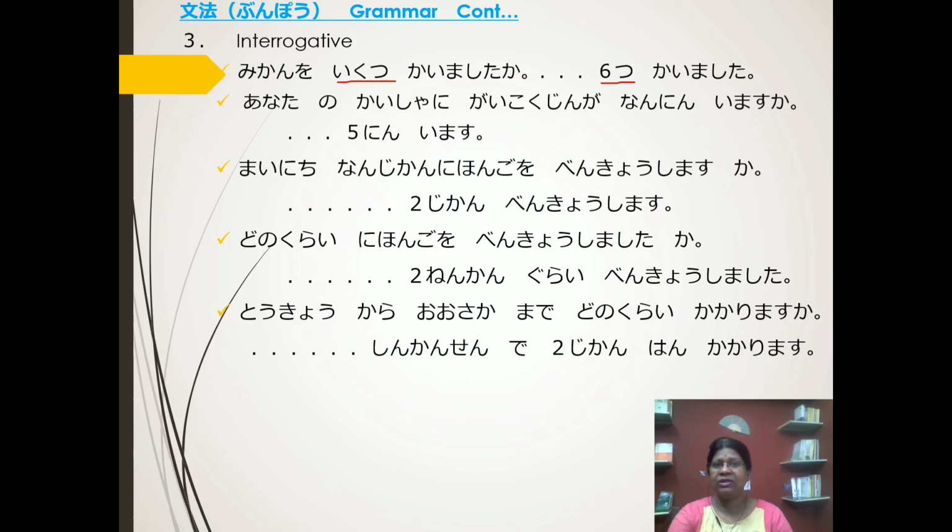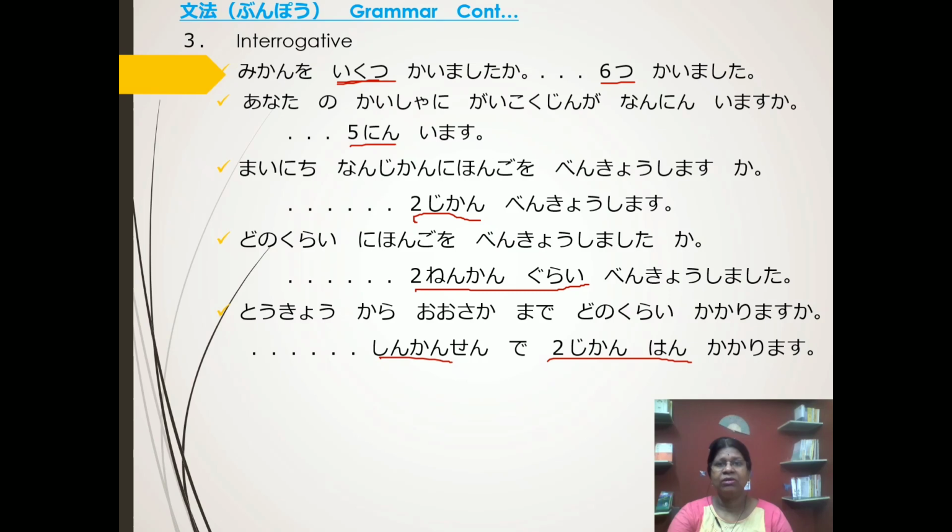Anata no kaisha ni gaikokujin ga nannin imasu ka? 5人います。毎日何時間日本語を勉強しますか?2時間勉強します。どのくらい日本語を勉強しましたか?2年間ぐらい勉強しました。東京から大阪までどのくらいかかりますか?新幹線で2時間半かかります。Here we put the question ikutsu because mikan are things.